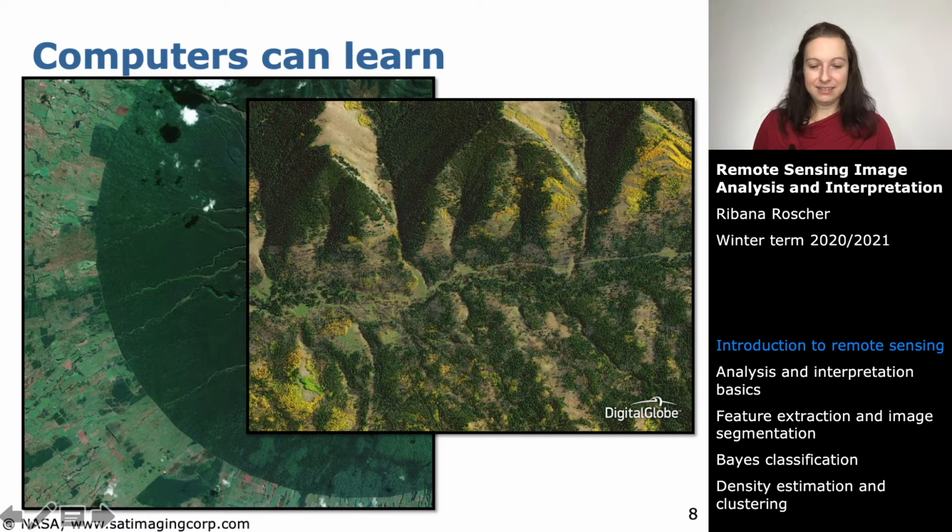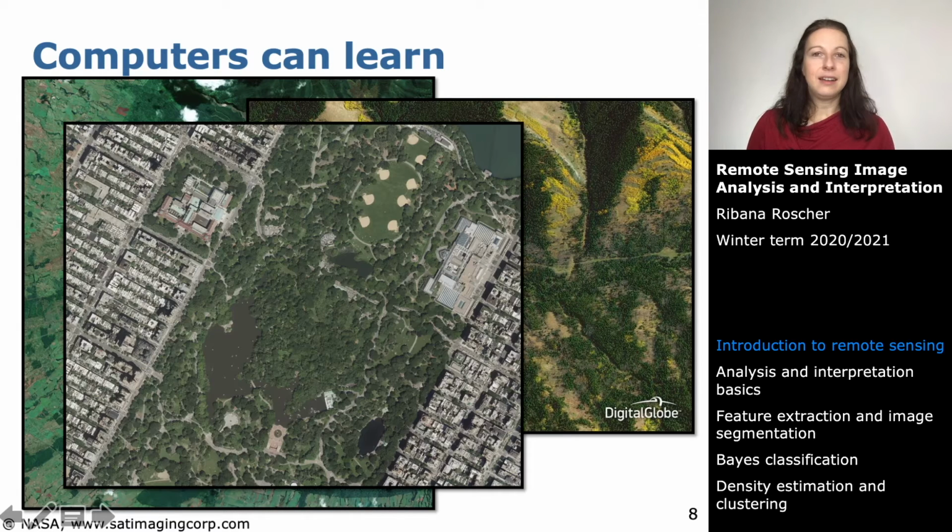And there are places also where there are trees, but it's not a forest, such as in a park. So you see, it's not so easy actually to recognize objects, or to identify specific land cover classes in images. But these are all things we will deal with in this course.